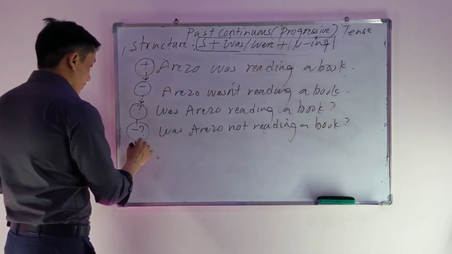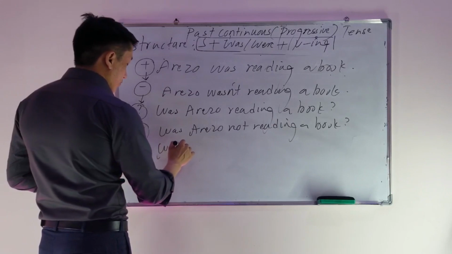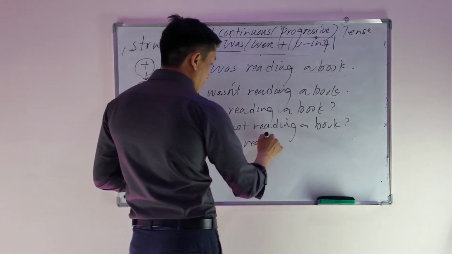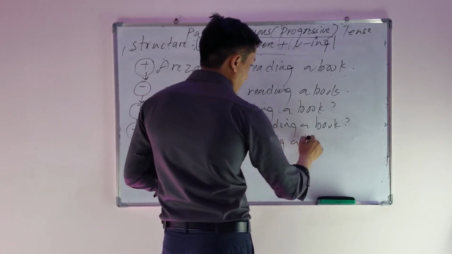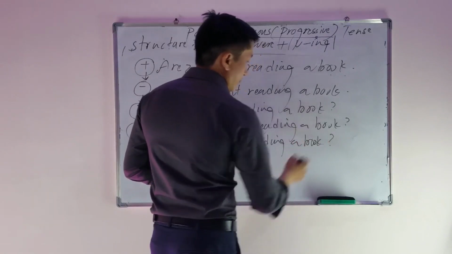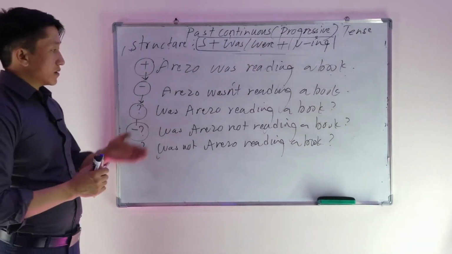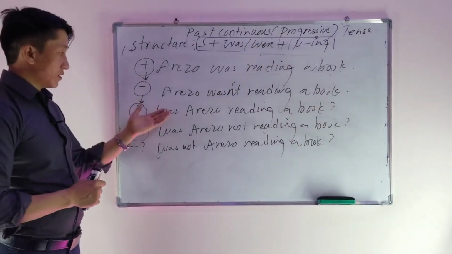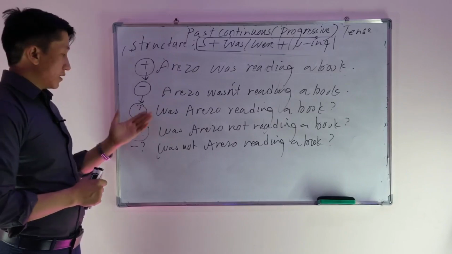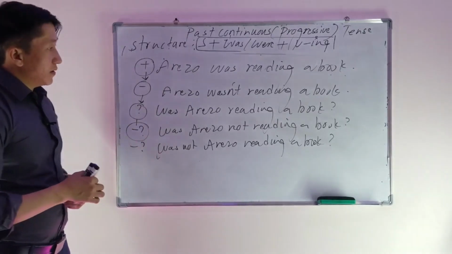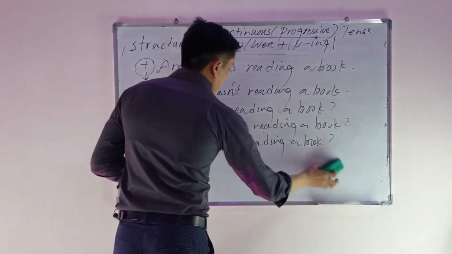Or if I say wasn't or was not Arzu reading a book. Now this is the formal one, this is the informal one. So this is how we can change it to negative, question, and negative interrogative.